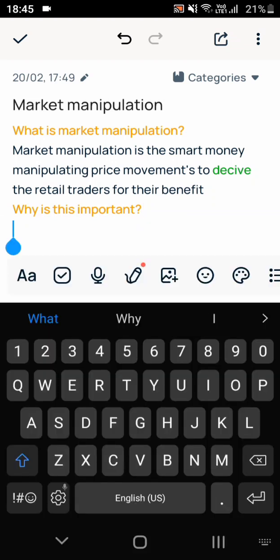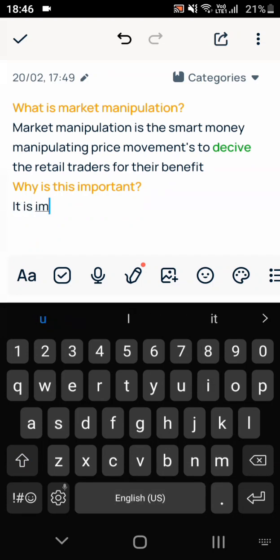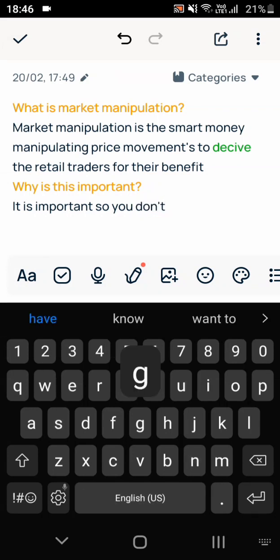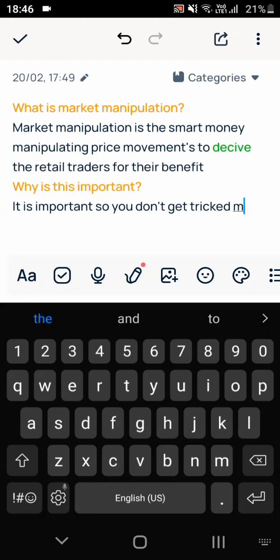So this is why it's so important, guys. Why is this important? It is important so you don't get tricked by smart money.